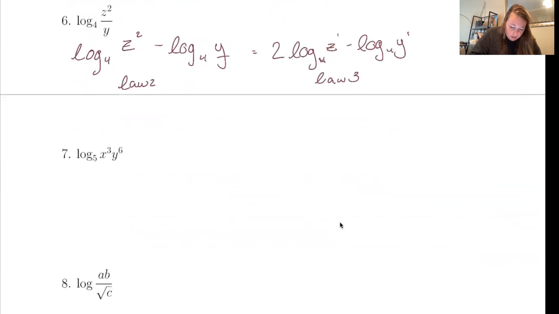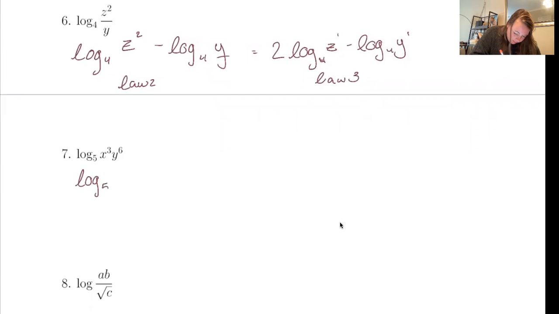Log base 5 of x cubed times y to the 6th. I would do anything that has to do with addition and subtraction first, and then exponents, right? So I wouldn't try to bring down the 3 and the 6 and think of how to bring them out like that. I would just separate them first and then worry about the exponents.